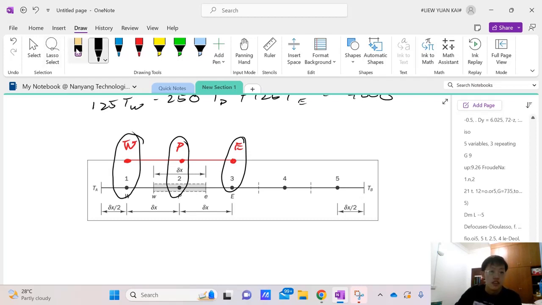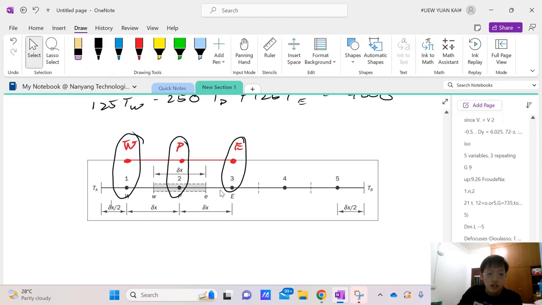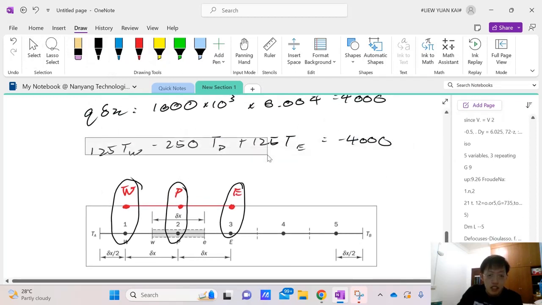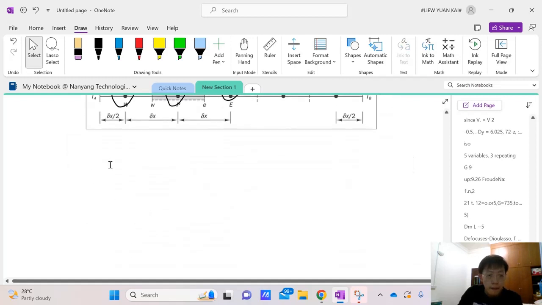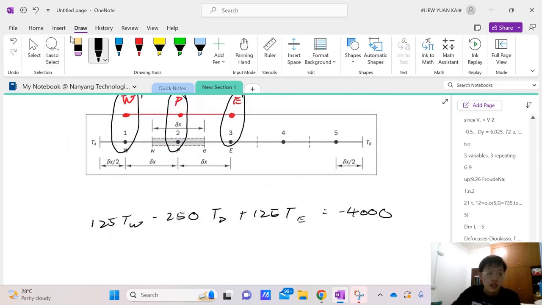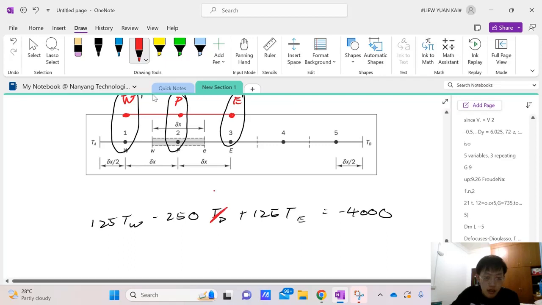Knowing that, we take this equation and substitute the values in. So this becomes T2, this becomes T3, and this becomes T1.